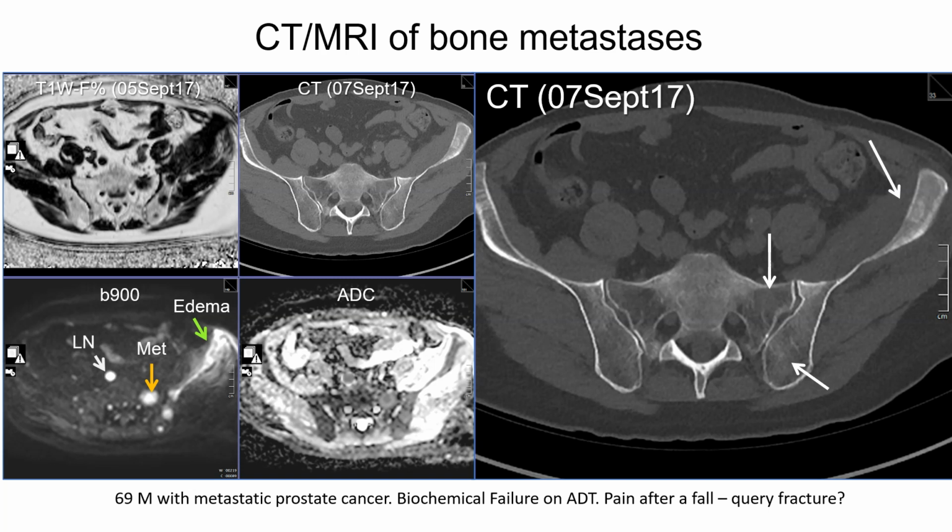And then there are metastases that are invisible on the CT scan, but you can see them here on the diffusion sequence and on the fat fraction images. So in this particular instance, we've got two types of bone deposits: invisible deposits and a visible deposit here in the left iliac bone, which has a ground glass appearance.